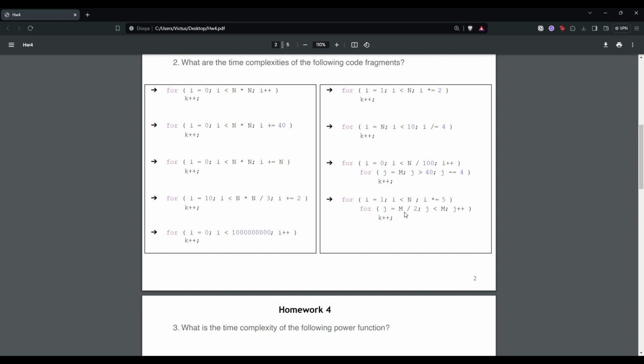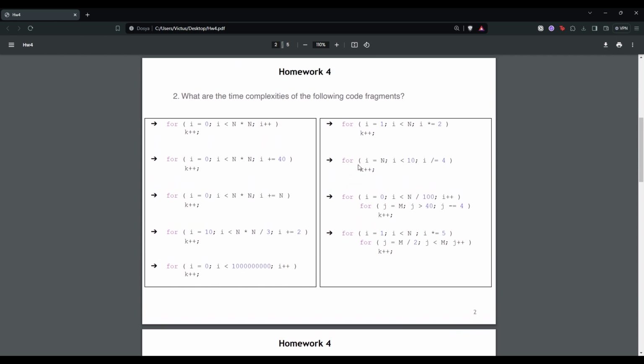And the last one of this question: the outer loop runs log n times, base 5, as you can see here, and the inner loop runs m divided by 2 times.